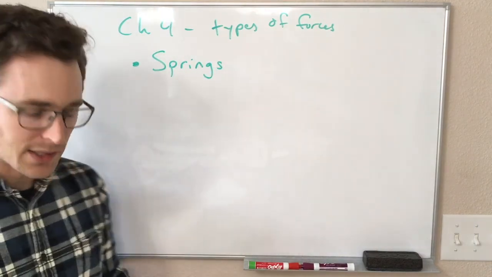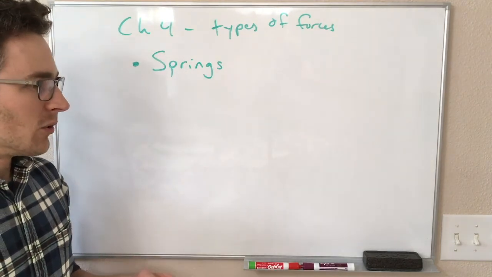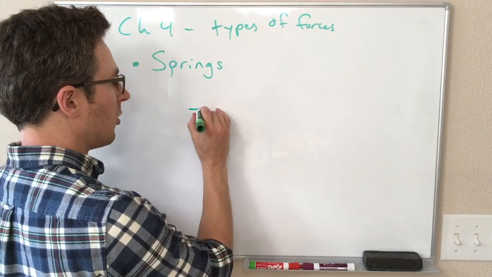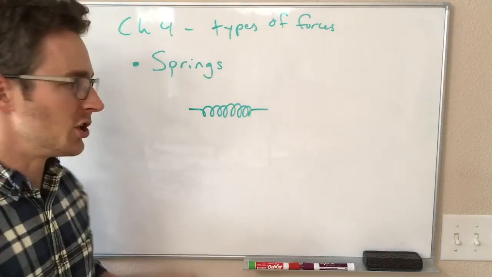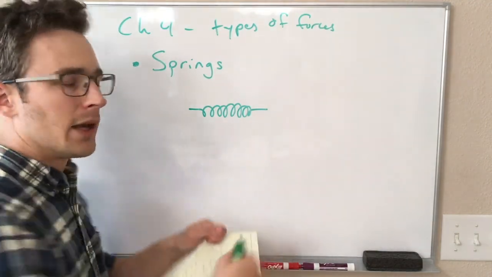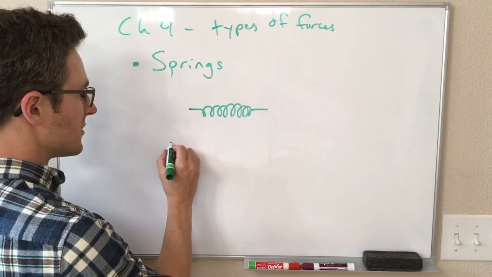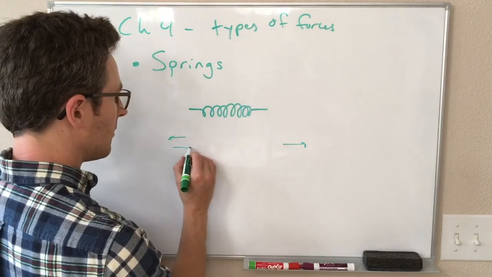Springs. Okay, so I did not bring a spring for a demo, but a spring is like a coil of wire that is stretchy, right? So I can take both ends of this spring and I can pull on it and make it bigger.